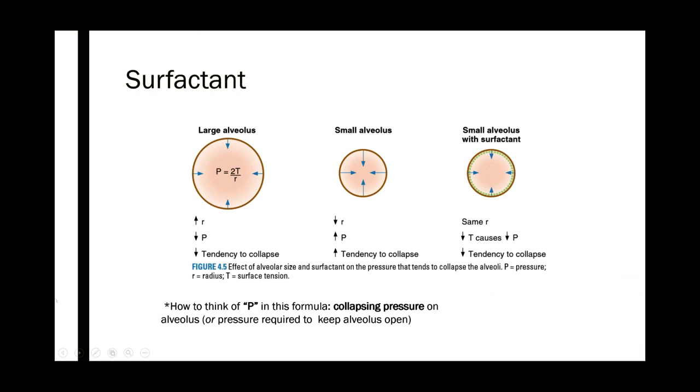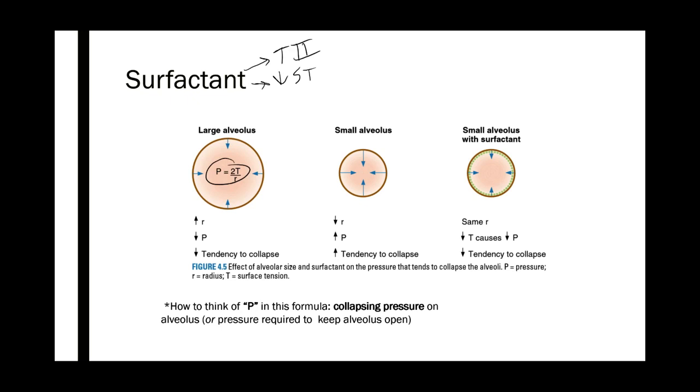Okay, so I wanted to touch on the mechanism of surfactant. Do you remember what produces surfactant? As a little review question: type 2 pneumocytes, or type 2 alveolar cells. What does surfactant do? Decreases the surface tension.